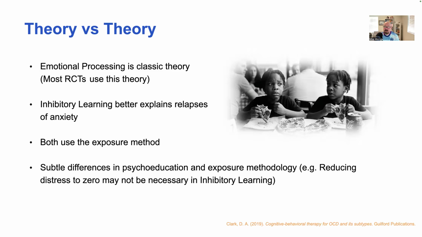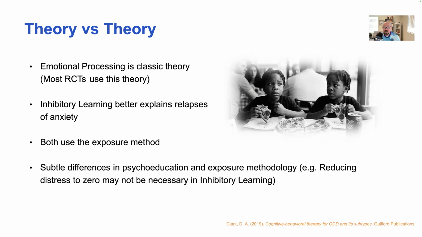And so inhibitory learning tells us that's because we're not necessarily getting rid of the anxiety, we're not habituating to it, we're not going through an extinction process, but more so we're creating a competitive experience that has to be consistently engaged in to continuously make it stronger than that initial fear response.